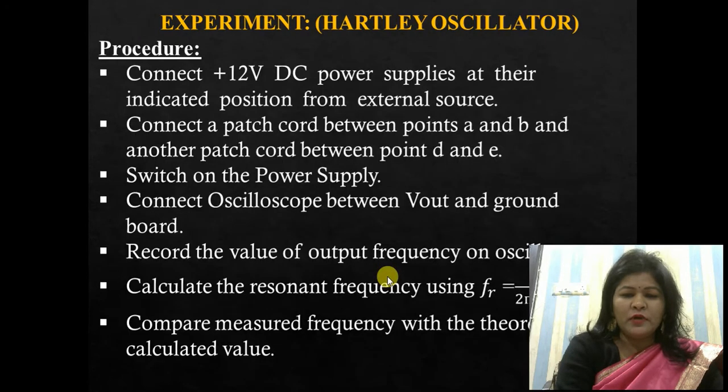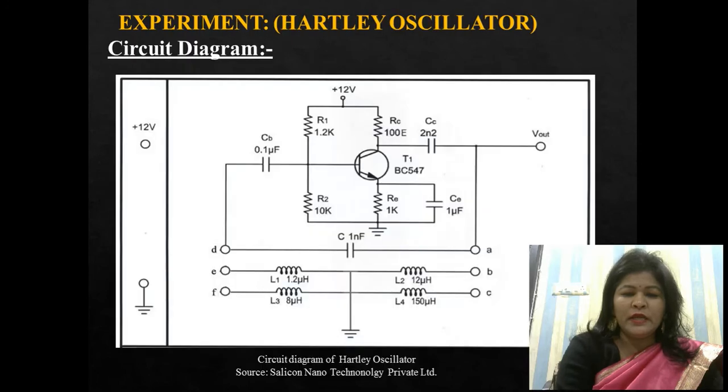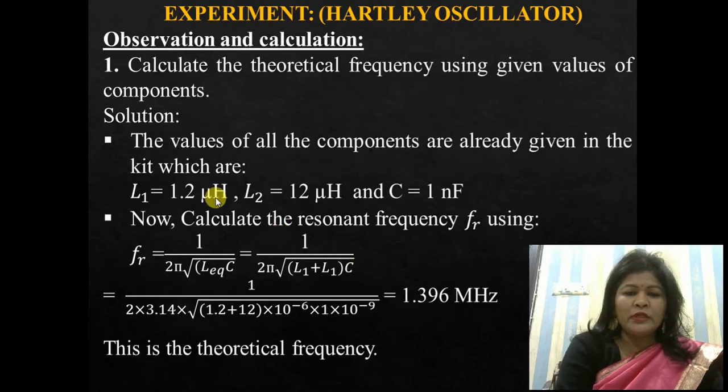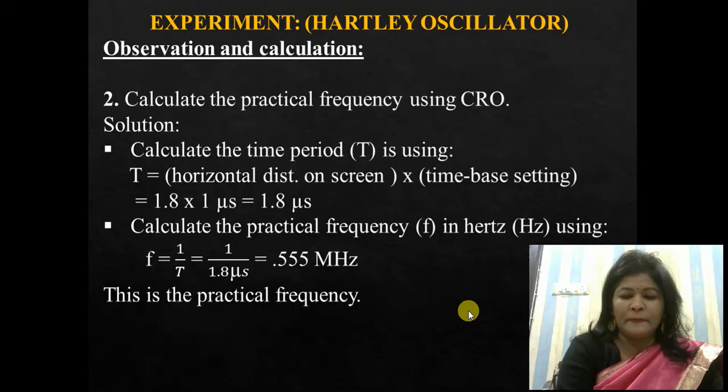After considering this, this is your capacitor C, that is 1 nanofarad. So this complete circuit is formed as a tank circuit. So these are the values of two inductors and the capacitor. So using two inductors and one capacitor, you can calculate the resonant frequency. So this is 1.396 megahertz.